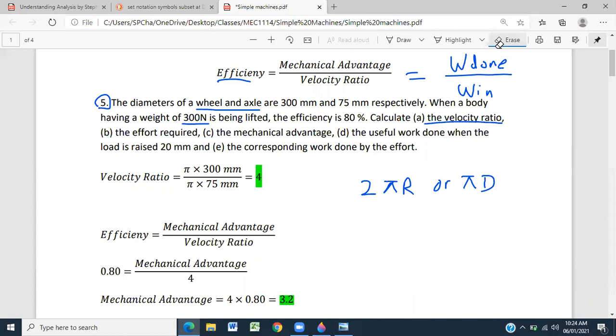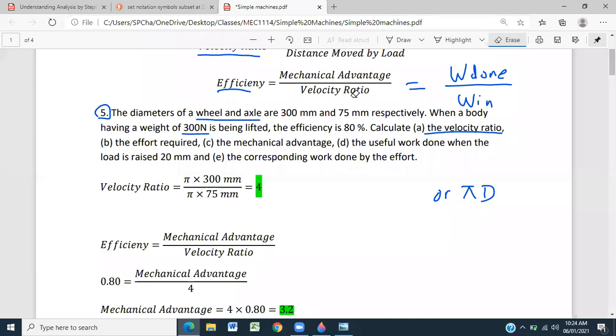So putting that into our formula, we know velocity ratio is equal to distance traveled by the effort, which is the wheel, so pi times the diameter of the wheel, which is 300 millimeters, divided by the distance traveled by the load, the axle, which is 75 millimeters, right?